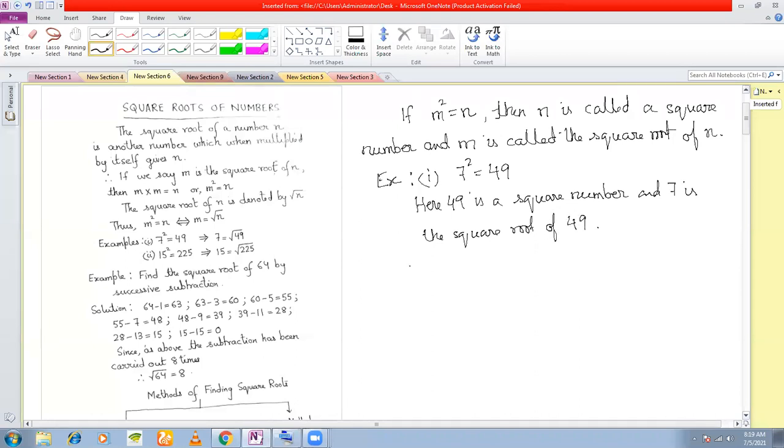Clear? Next, let's say again, 15 square is 225. 225 is what? A perfect square or a square number. Then what is 15? Square root of 225.